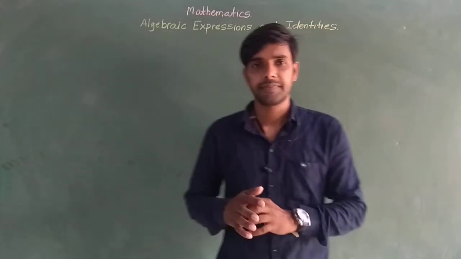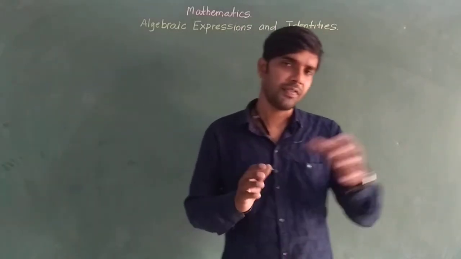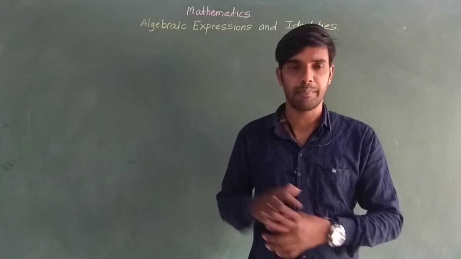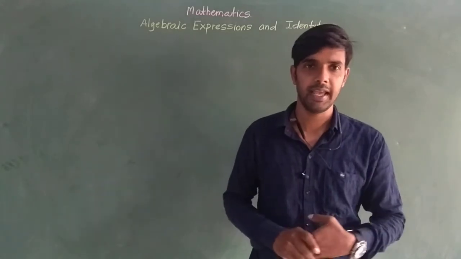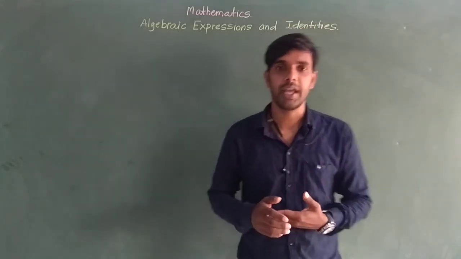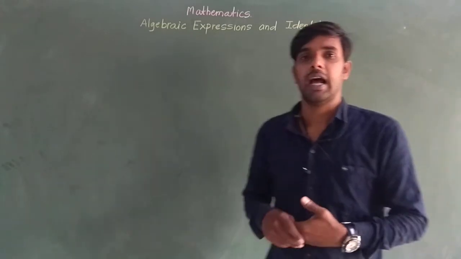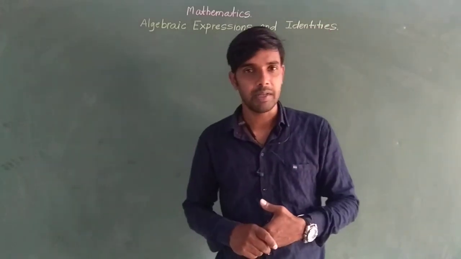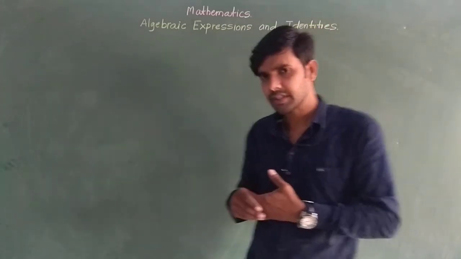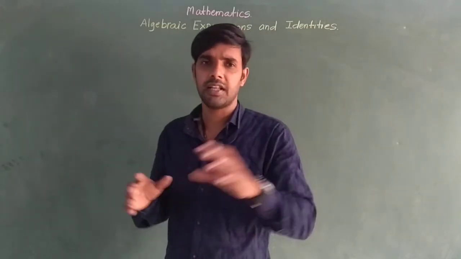Again we have seen some different types of examples based on these three identities. So in this lecture today we are going to learn another type of examples. They have changed the pattern.